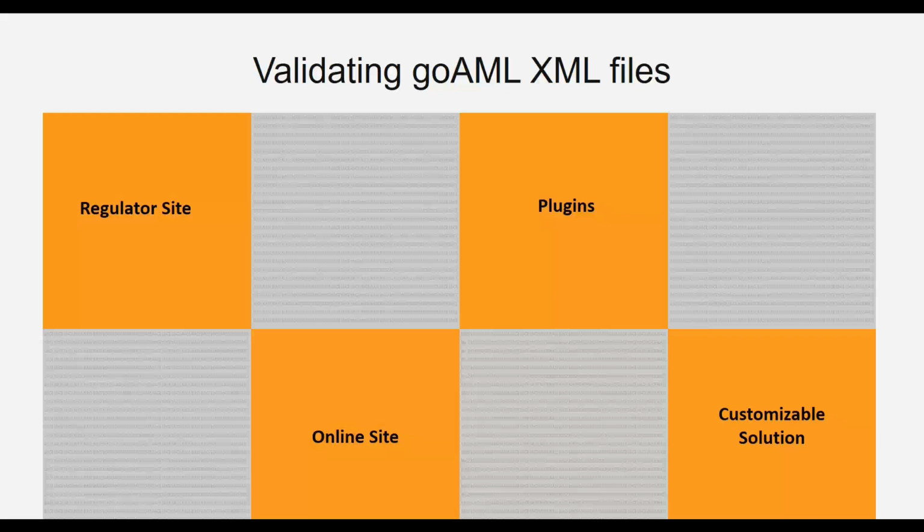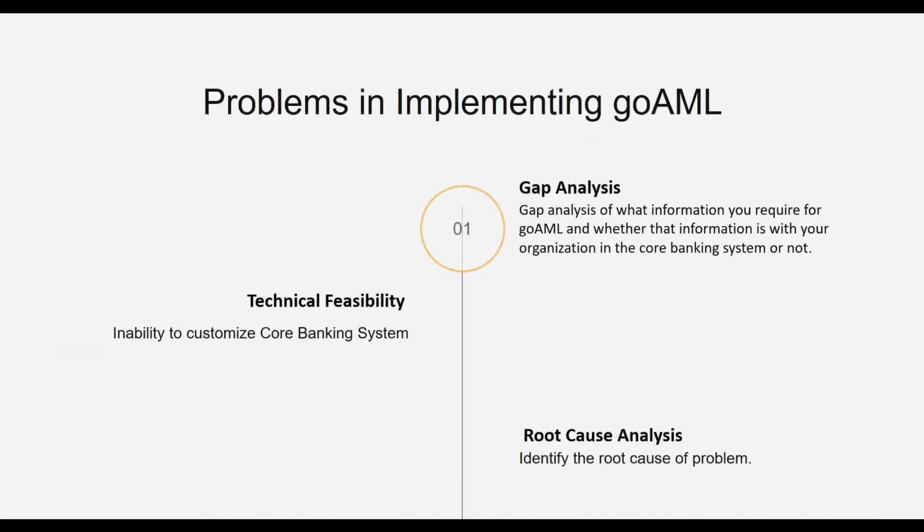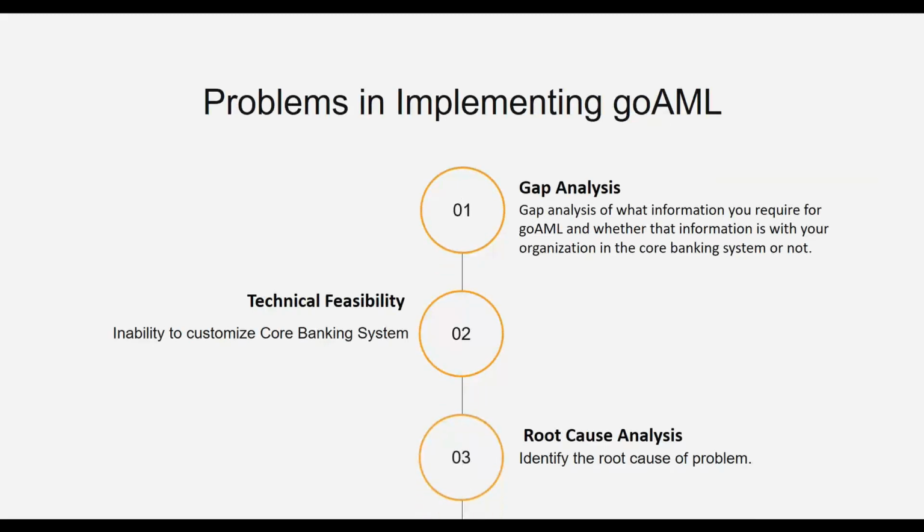Now, let's talk about a few problems that are faced by many organizations while implementing goAML. Gap analysis. The problem arises when organizations need to provide information that they have never bothered to collect from a customer, or even if the organization had collected information in KYC documents, they have not inputted it in the system.